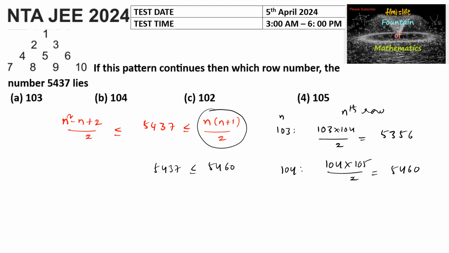So we can say that in the 104th row our number 5437 lies, because the previous number is 5356, which is much smaller. So 5437 lies in the 104th row, which is option B.